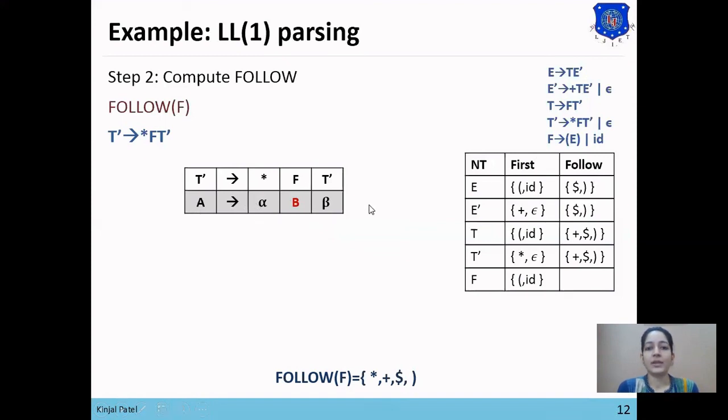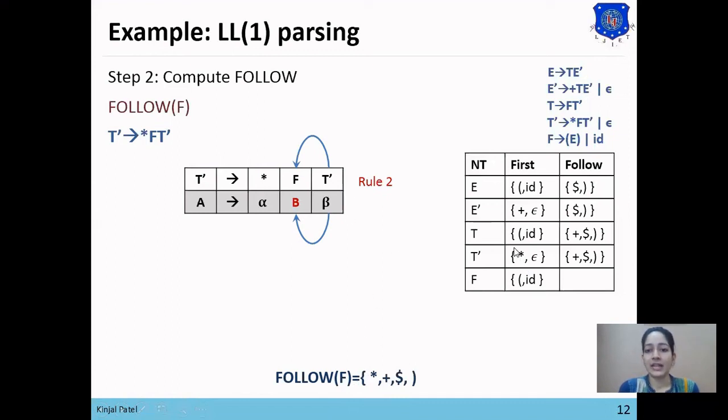So we will apply rule number 2, which says that if the symbol following F is a non-terminal, then first of T dash will be added in follow of F. So first of T dash is star and null. So we will add only the star symbol to follow of F, as star has been already added in follow of F. So no more symbol will be added in follow of F.